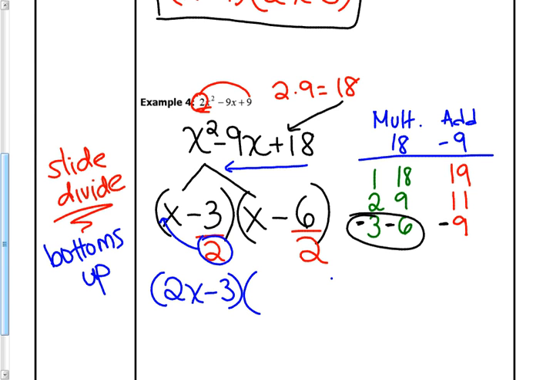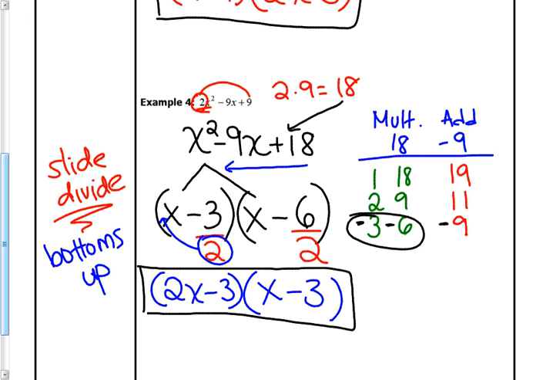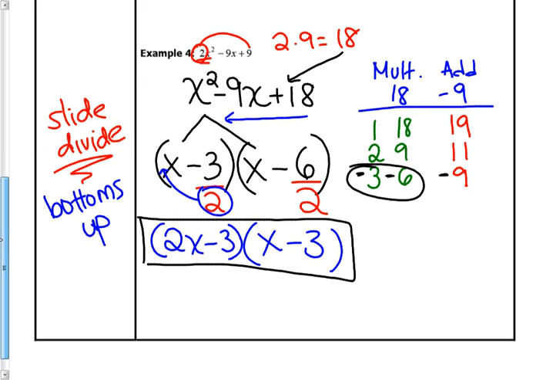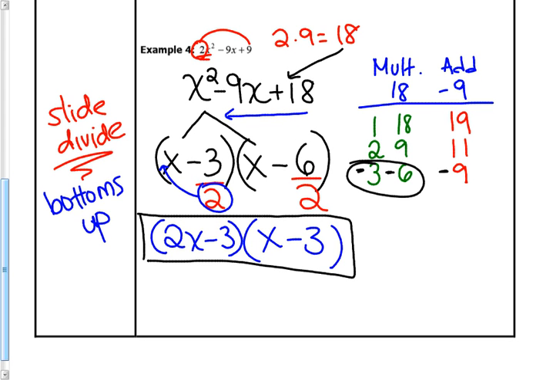And then the second factor, can I do negative 6 divided by 2? Well, yeah. Negative 6 divided by 2 is negative 3. So now I'm finished. Whenever you slide, you must also divide as your last step. Bottoms up comes when you have a decimal after you've done the division. You just bring the denominator up in front of the x.